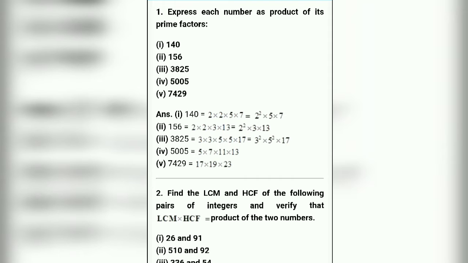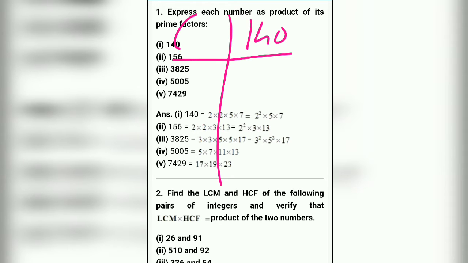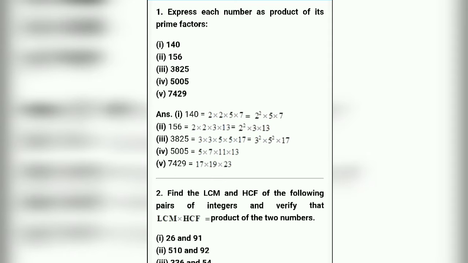The first number is 140, so we can use the prime factorization method, the tree method. Here we only need to write prime factors. Now 140 is divisible by 2 and by 5.